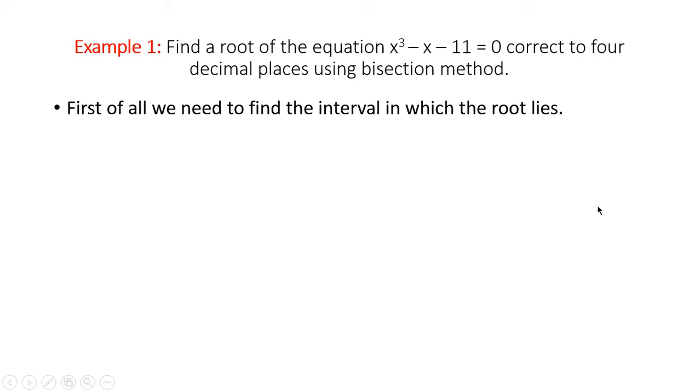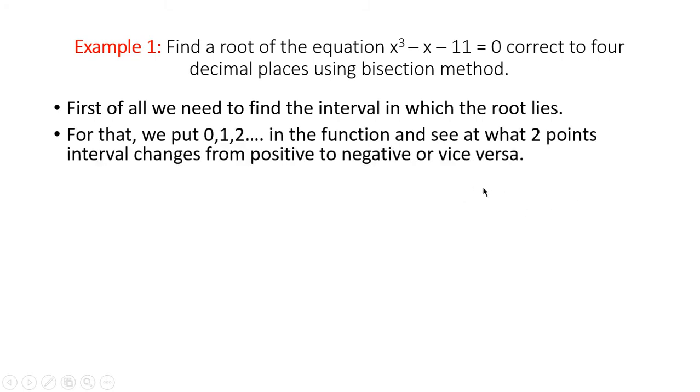If you remember from the previous video, we had 2 points A and B, and the curve was crossing the x-axis between those points, so we called that the interval of that equation. So the first step is to find the interval.